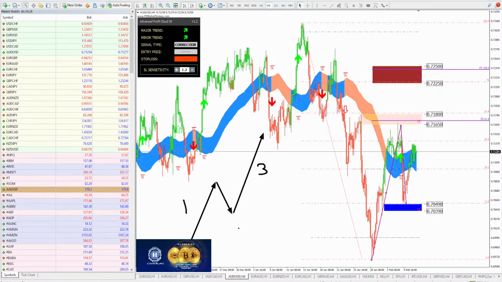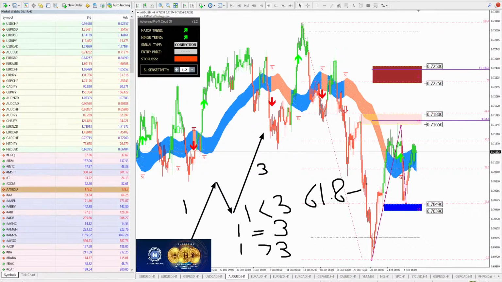So basically 1 can equal 3, 1 can be bigger than 3, or 1 could be less than 3. If less, usually between 61.8 to 75. If larger than 3, then usually the percentage is between 127 to 161. Those are the most common ones actually used and found.